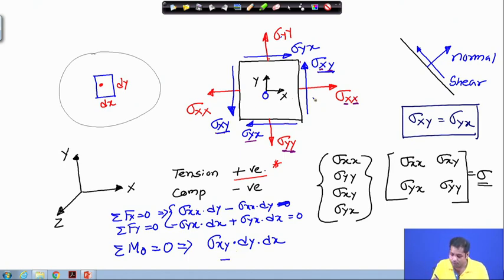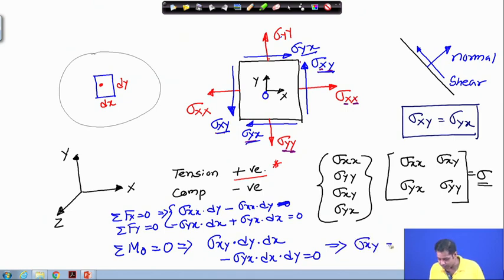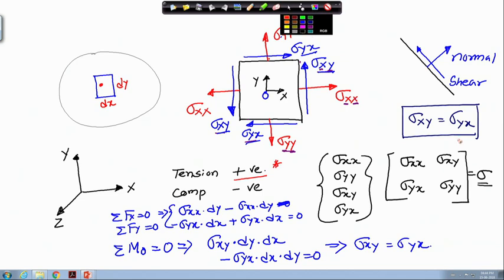Similarly, a clockwise couple will be created by sigma yx, right. This is also sigma yx acting on dx, and the distance between these two forces is dy. So, they have to sum to 0. So, you check, sigma xy is equal to sigma yx, right. That is the thing we wrote here. So, this comes directly from the moment balance equation, right.